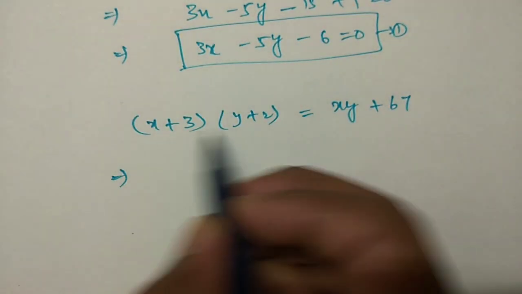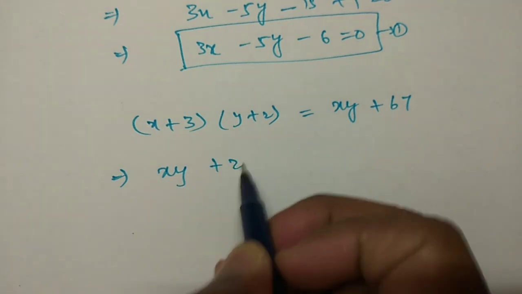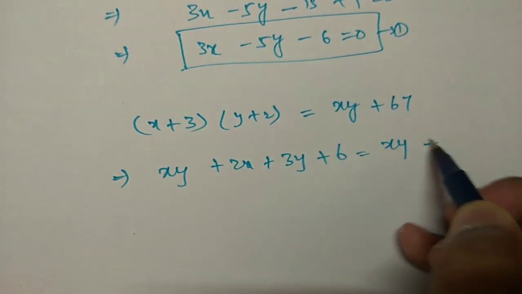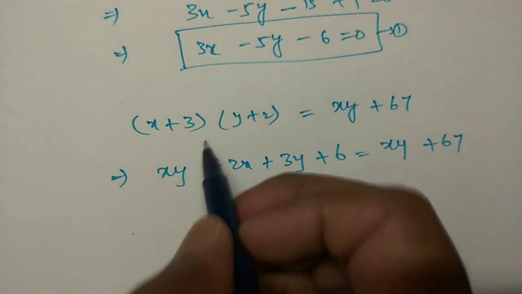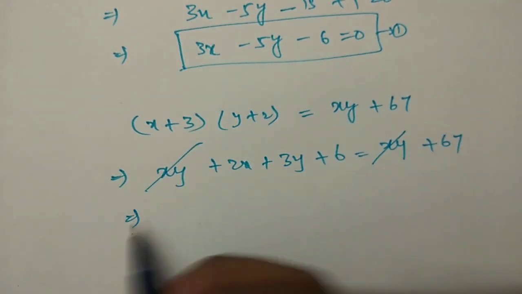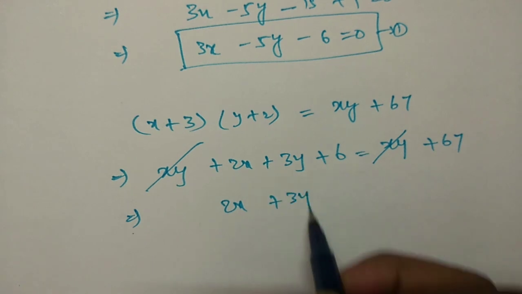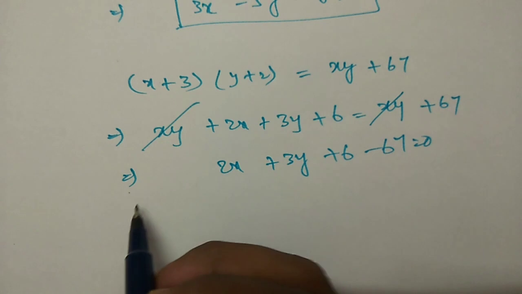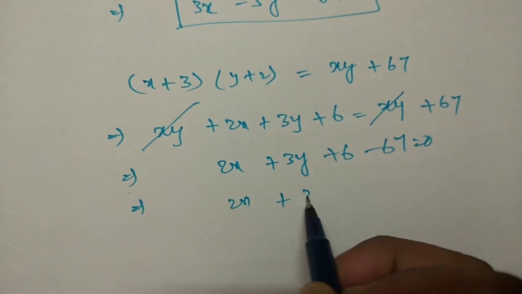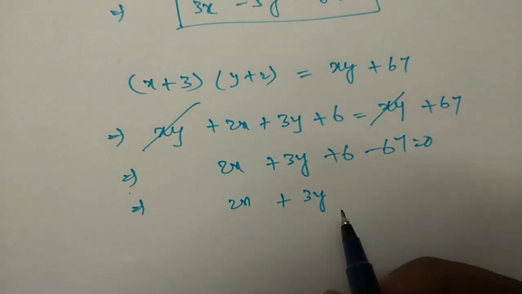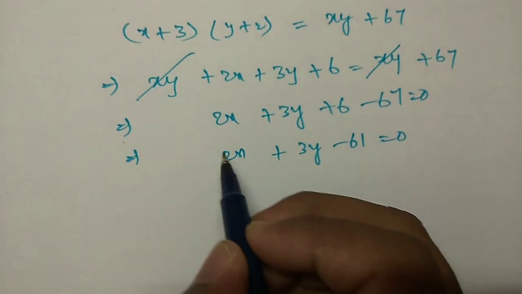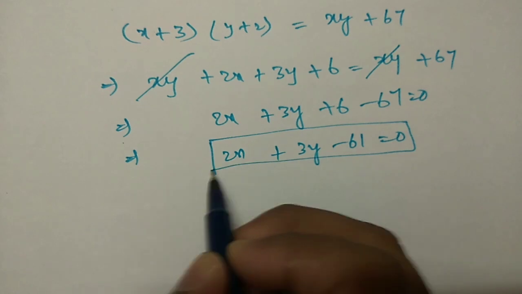This implies x into y, xy plus 2x plus 3y plus 6 equal to xy plus 67. xy cancelled. So 2x plus 3y plus 6 minus 67 equal to 0. This implies 2x plus 3y minus 61 equal to 0. This is the second equation.